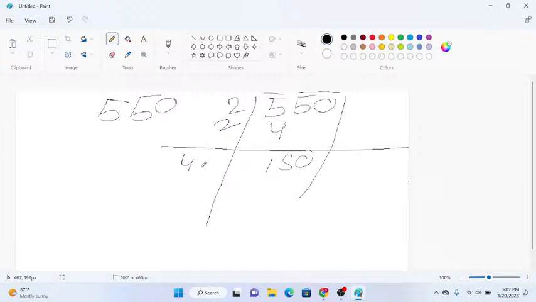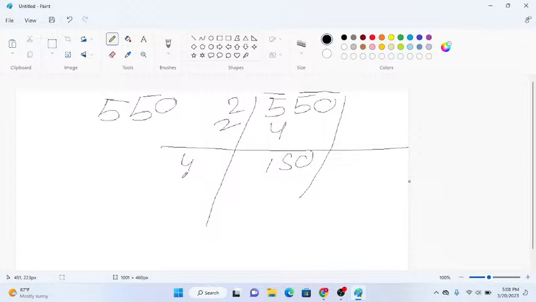Now take a number such that, when multiplied, it gives 150 or slightly greater, because this is the case of addition. So we take either 150 or slightly greater than 150. We check here: if we take 4, 4 4s are 16, 4 4s are 16 and 17, that is 170, which is greater.